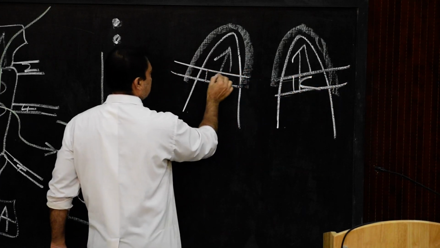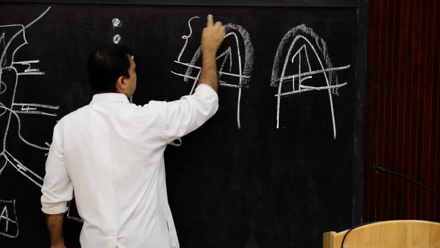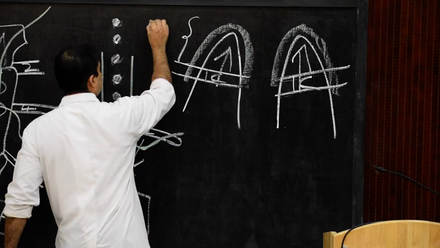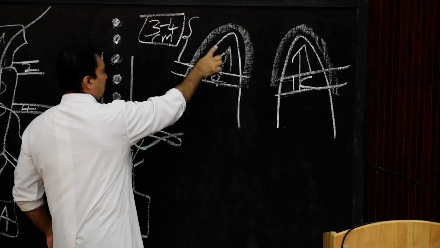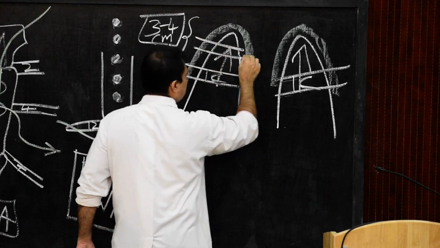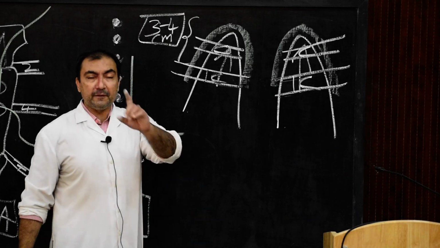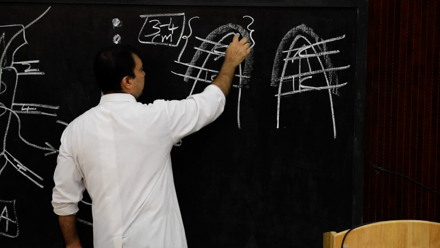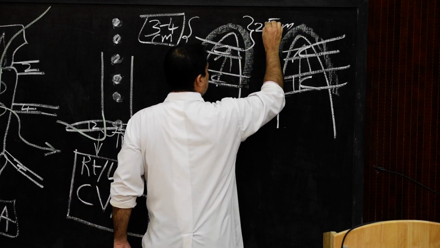So if this is the first costal cartilage, then this distance of cervical pleura extending into the root of the neck will be 3 to 4 centimeter above the level of the first costal cartilage. And at the same time, this is the sternal end of clavicle, this distance above the sternal end of clavicle will be around 2.5 centimeter.